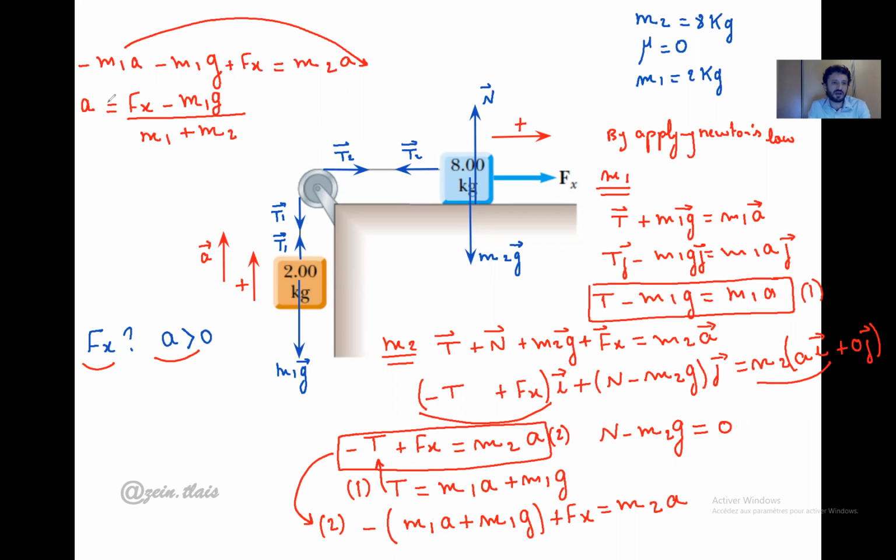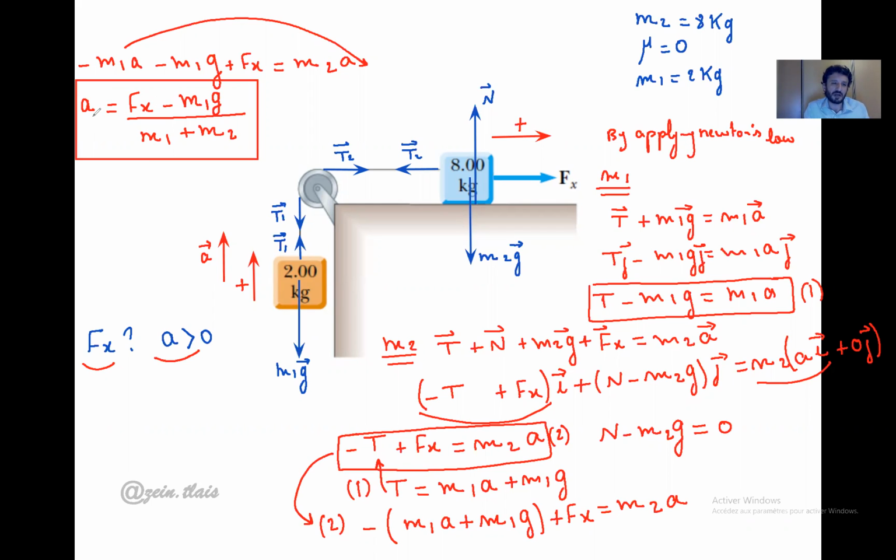As you see here, we have a relation between a and fx. Look here. What is the value of fx in order to have a positive value of a? It's easy here.